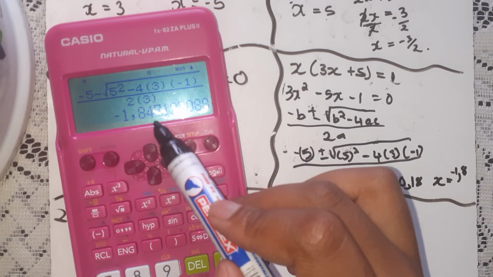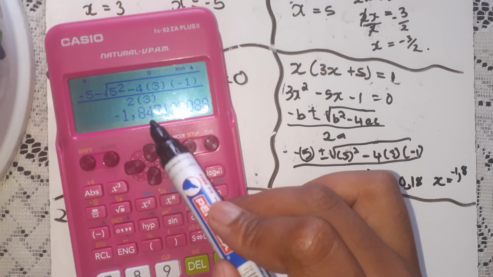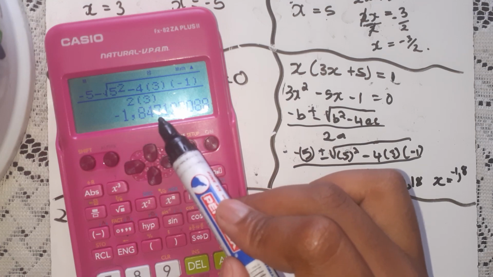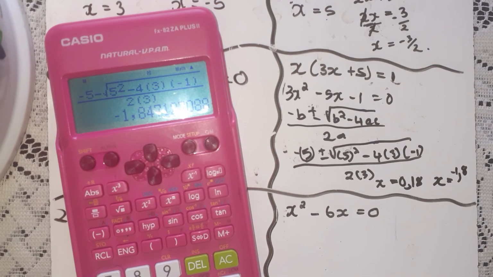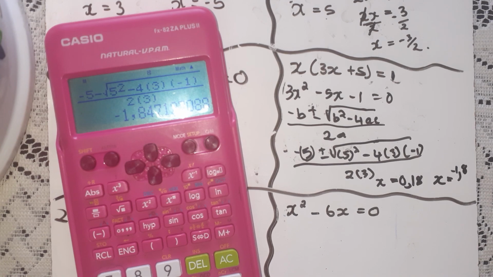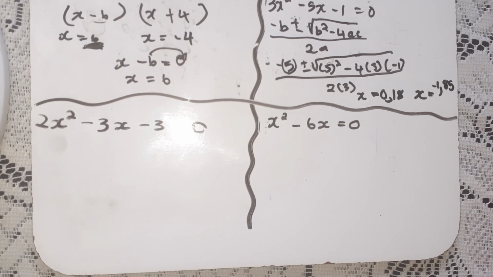It has to be 2 decimal places, so it is 4, after 4 there's 7. So whenever after the second decimal place there's 0, 1, 2, 3, or 4, this number remains the same. But if you have 5, 6, 7, 8, or 9 after the second decimal place, then we need to take it up. So it's 1.85 for x. We are almost there.